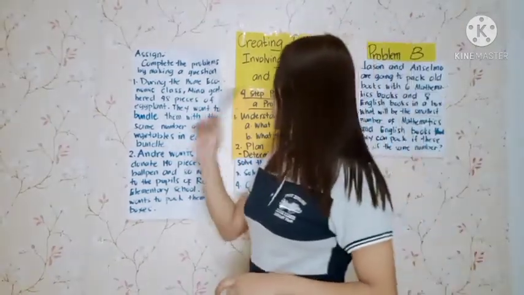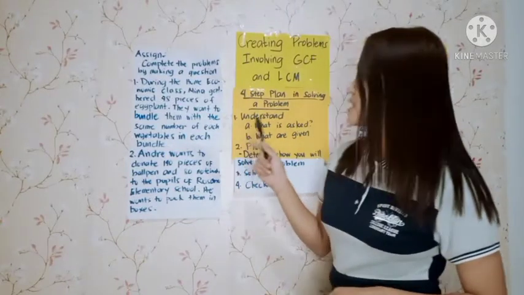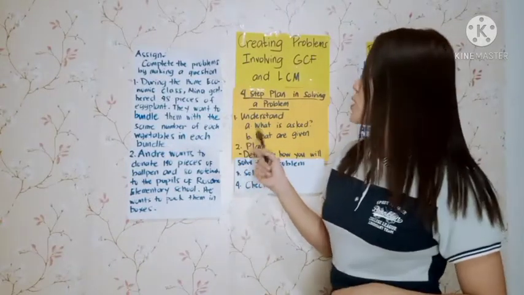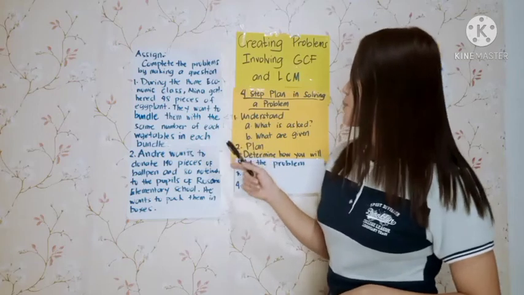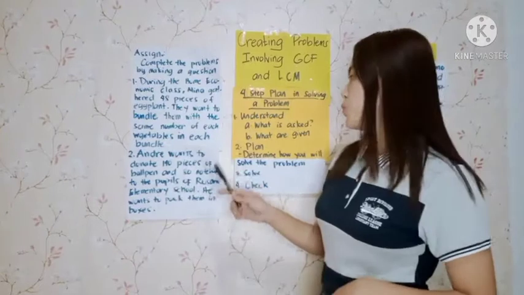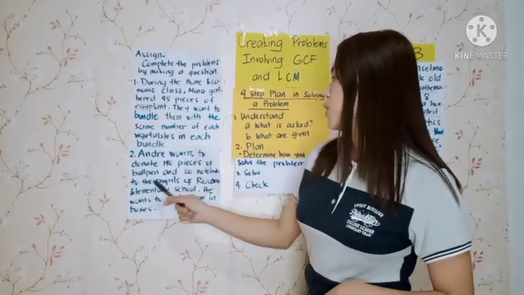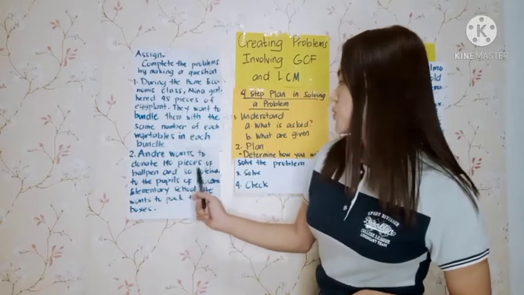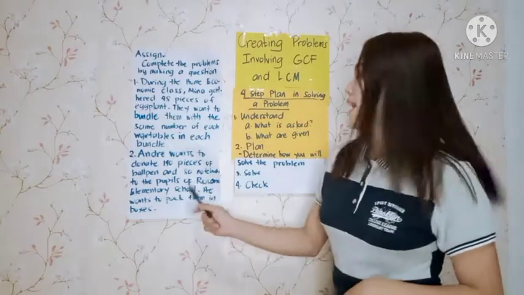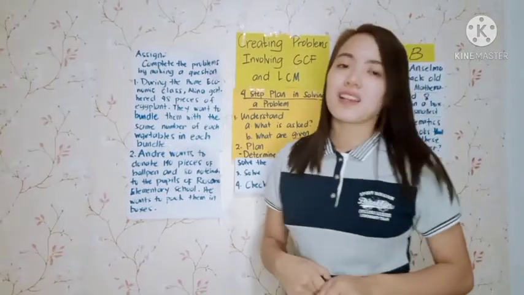First, during the home economics class, Mina gathered 48 pieces of eggplant. They want to bundle them with the same number of each vegetable in each bundle. Number 2, Andre wants to donate 140 pieces of ball pen and 80 notebooks to the pupils of Rosario Elementary School. He wants to pack them in boxes.